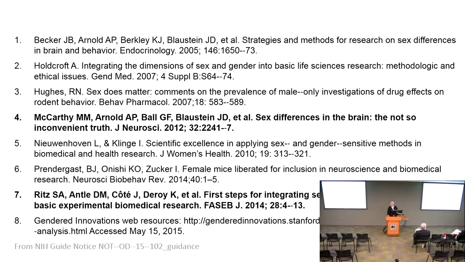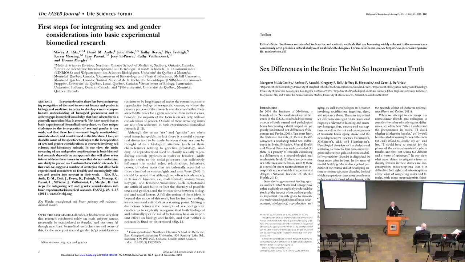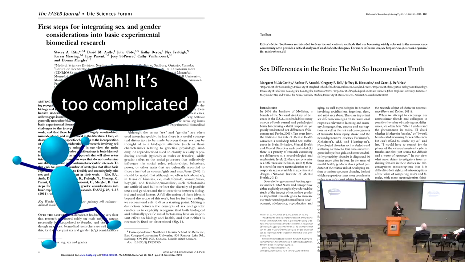What Marc and I have planned is that first I'm going to start with the FASEB paper, and we're going to talk about that. First steps for integrating sex and gender, right? That sounds very promising. But the basic thing is, well, yeah, it's too complicated.